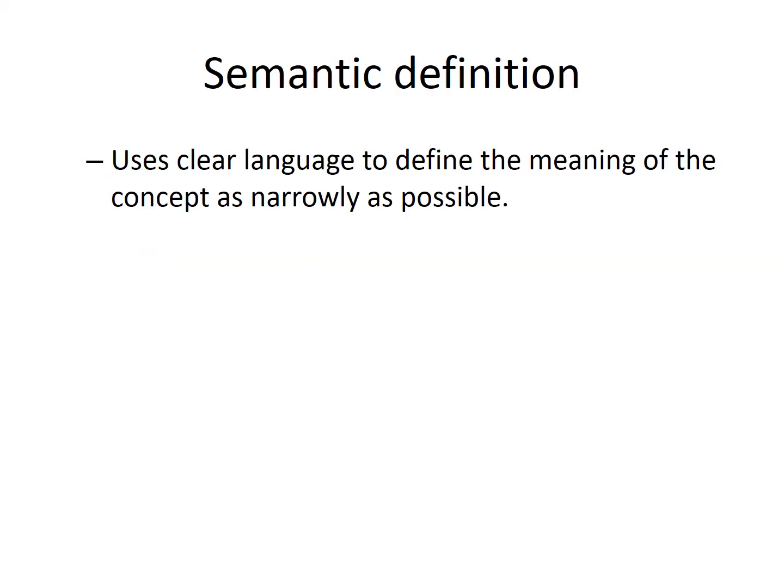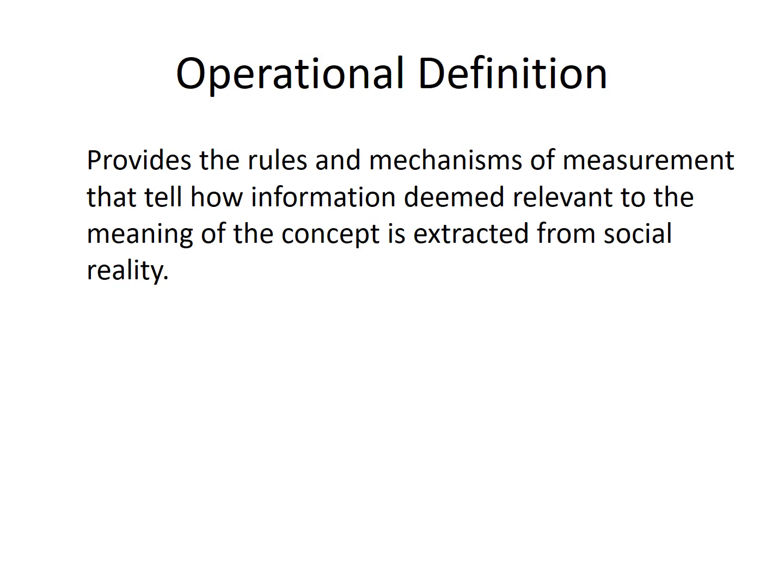The nominal definition uses clear language to define the meaning of a concept as narrowly as possible. And the operational definition provides the rules and mechanisms of measurement that tell how information deemed relevant to the meaning of the concept is extracted from social reality.